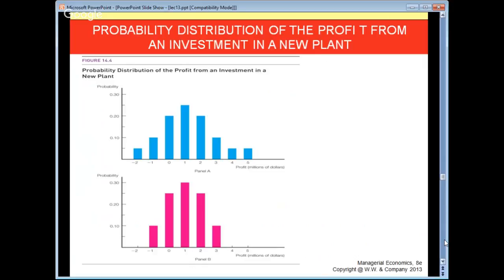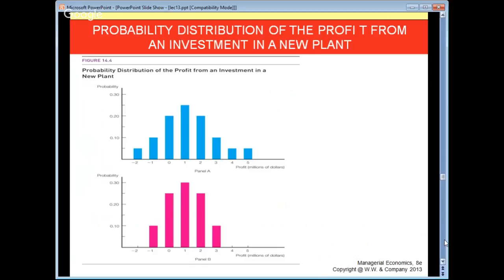Which of those two projects or panels has a higher standard deviation? Which is riskier? Why is that? Because it has a wider dispersion. Wider dispersion is another way of saying it has a higher variance or a higher standard deviation.